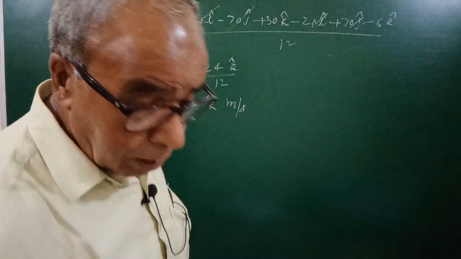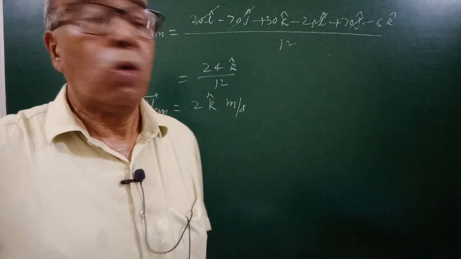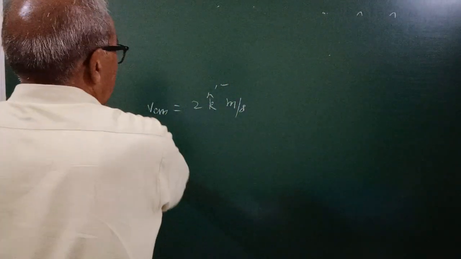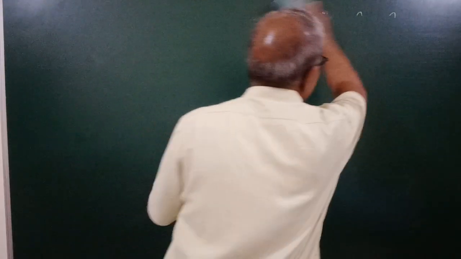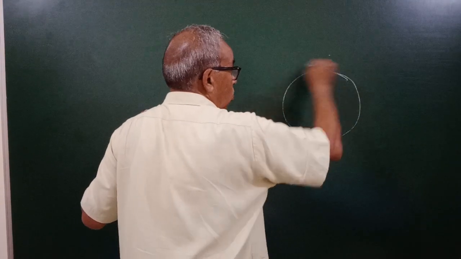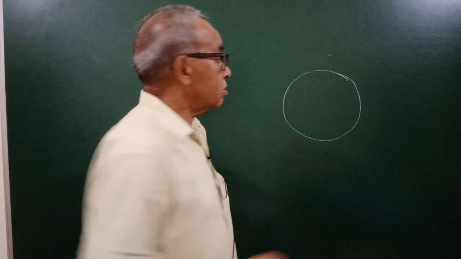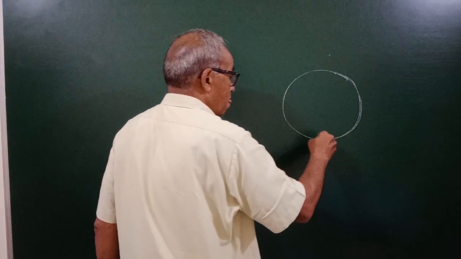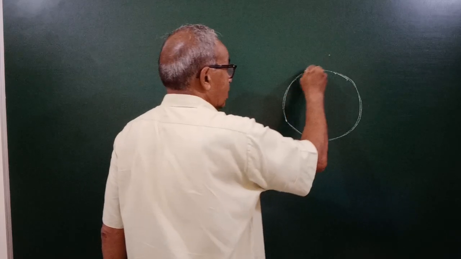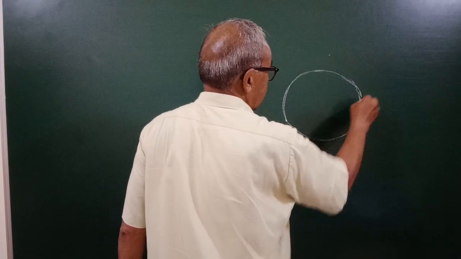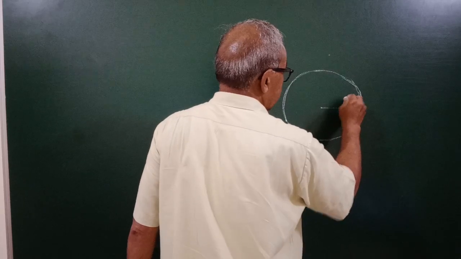Now there is another question here. A good question, and many people ask like this question. What is the question? Here is a disc whose radius is capital R. I write capital R as the radius.